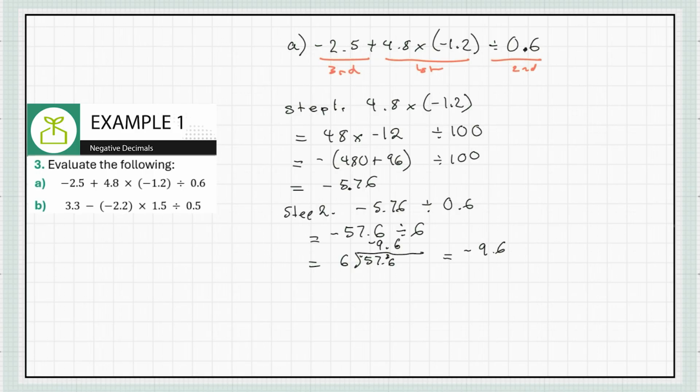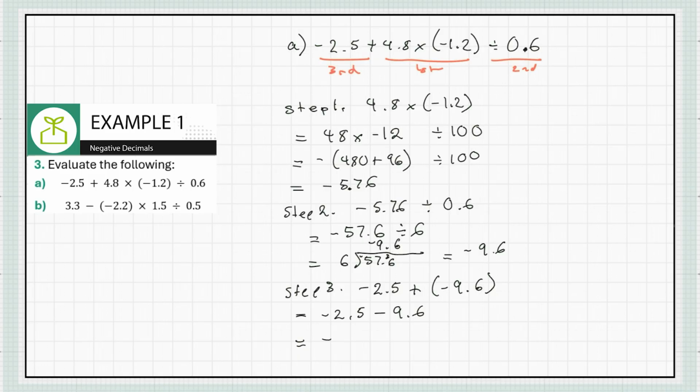Okay, finally, our third step. We have minus 2.5 plus negative 9.6, and this is the same as minus 2.5 minus 9.6. And when you have a negative number less another negative number, all you do is combine them and add a negative symbol on.